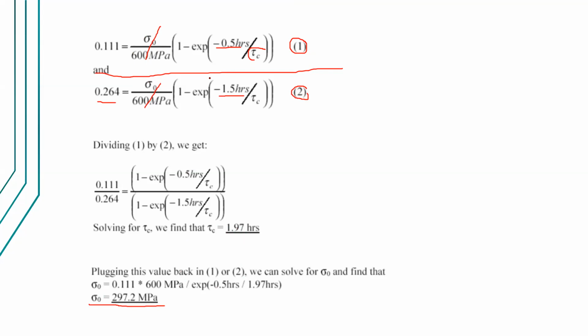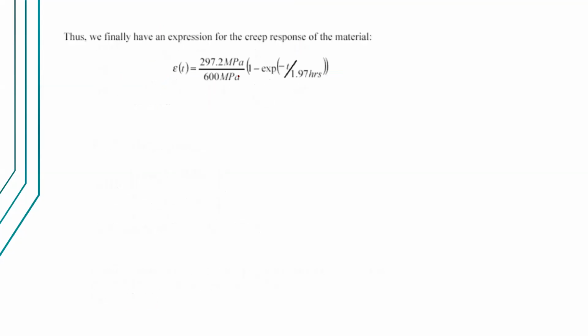Since we have that, we can now develop the working equation, or the expression for the creep response. Again, this is the equation for the Kelvin-Voigt model. But since we now know sigma sub 0, the initial stress, and tau sub c, we substitute them, and we have this expression.